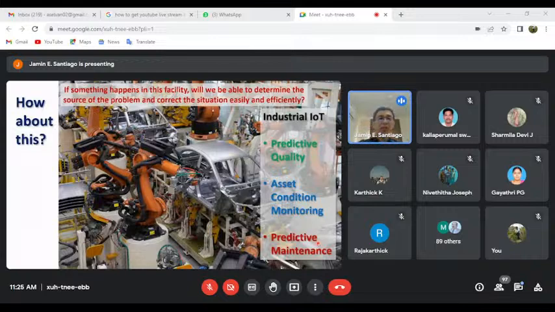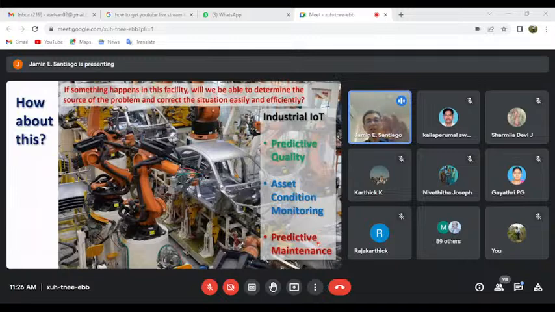What will happen if this will break down in the middle of production? Maybe it will damage the product, maybe it will compromise worker safety, and of course it will reduce the lifespan of this robot.